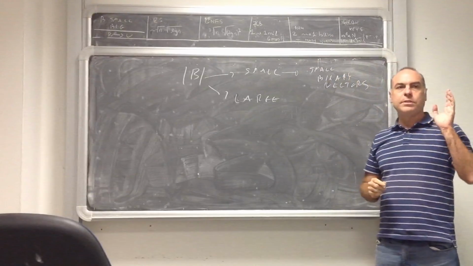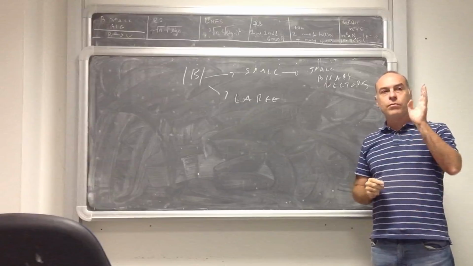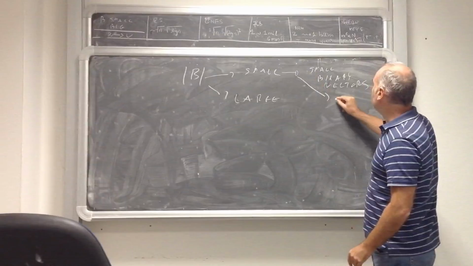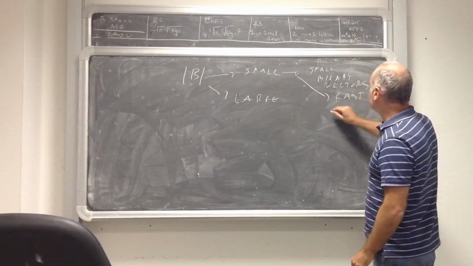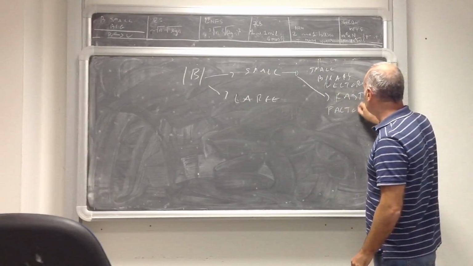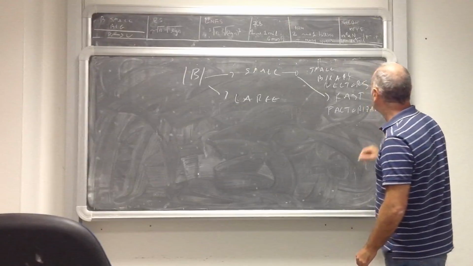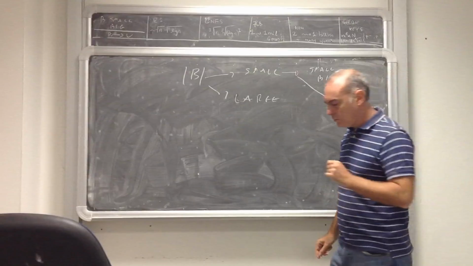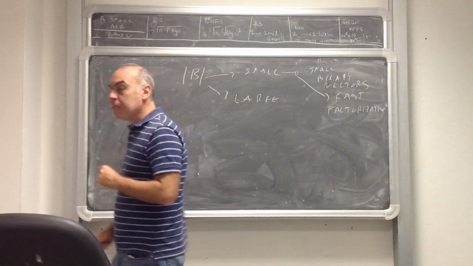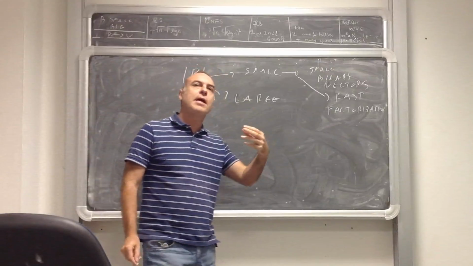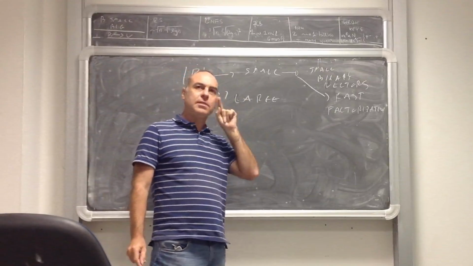And also the factorizations are fast, because we are looking only for these factors. Fast factorization. But then it's difficult to find the Ri such that f(Ri) can be decomposed in that basis.